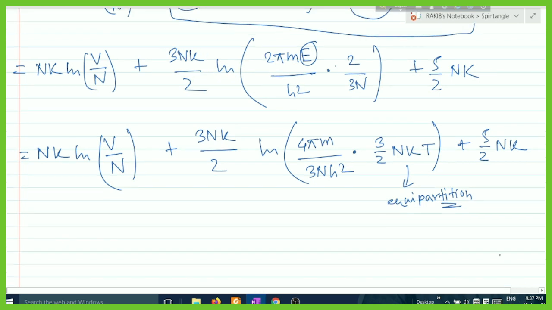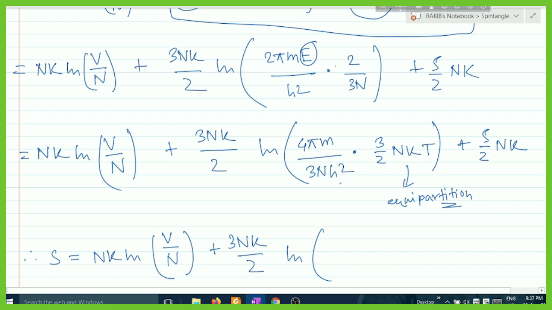So let me cross the terms and make it simpler. Therefore entropy will become nk ln v by n plus 3nk by 2 ln. These are the crossing terms. This means this becomes 2 pi mkT by h square.